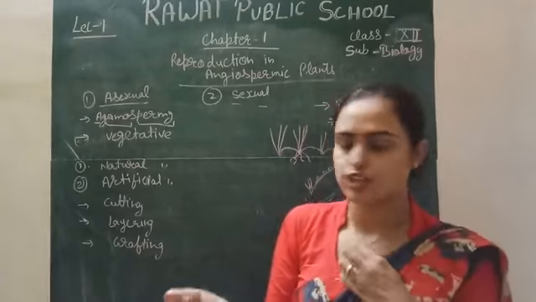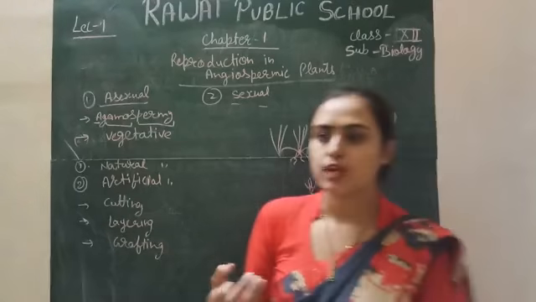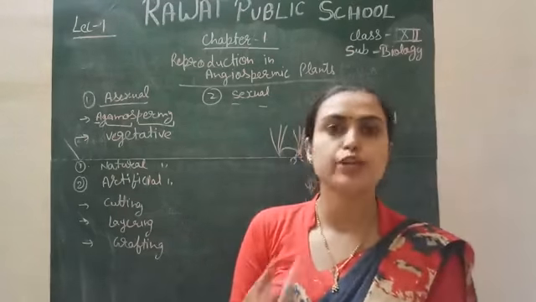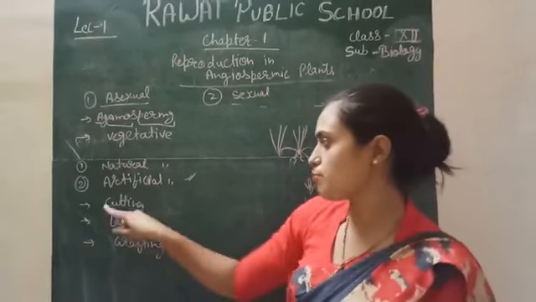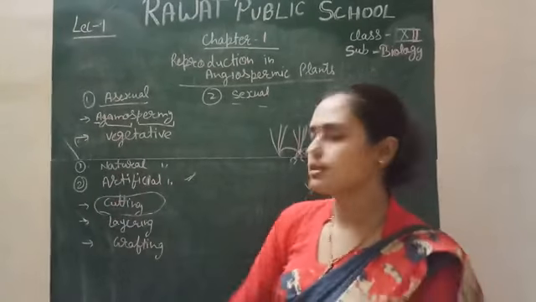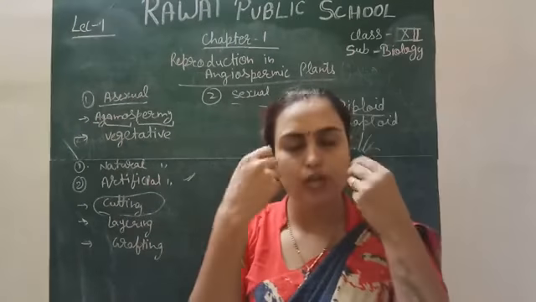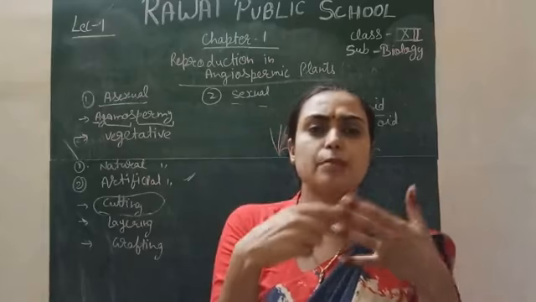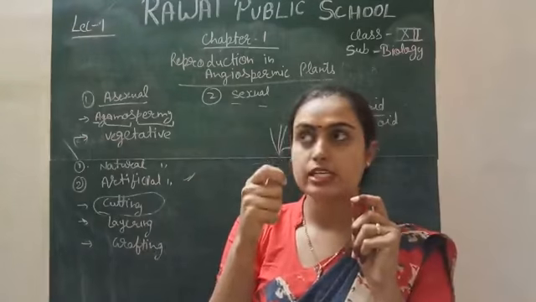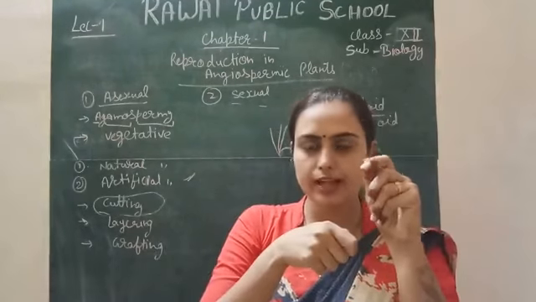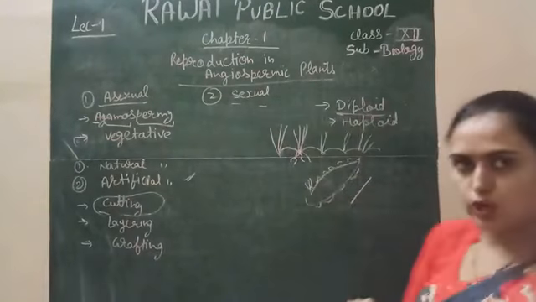So artificial vegetative propagation is very common nowadays to fulfill the requirement of food and nutrients, you can say. So in artificial vegetative propagation, first the common method is cutting. You know that rose, as well as various other flowers, for example jasmine, and various other plants, whose stem we will cut in a V shape cut, in a tilted manner, you can say, like this, not a horizontal manner.